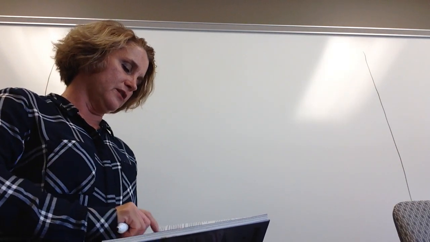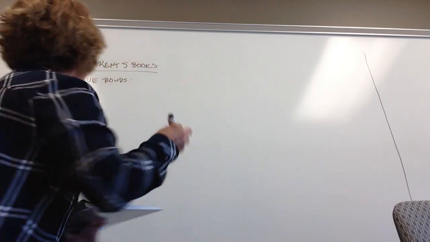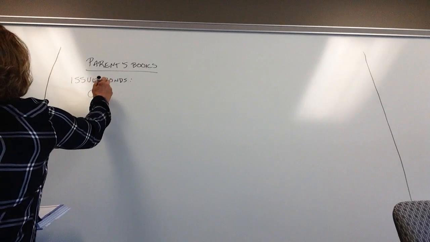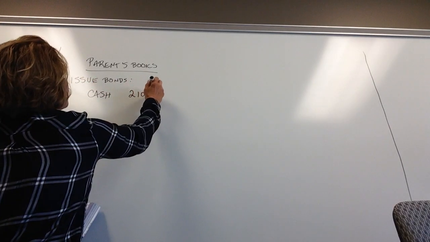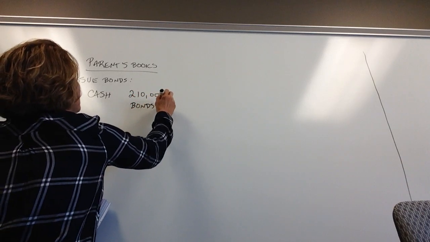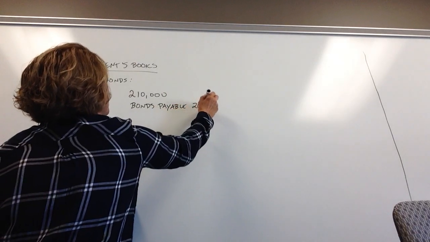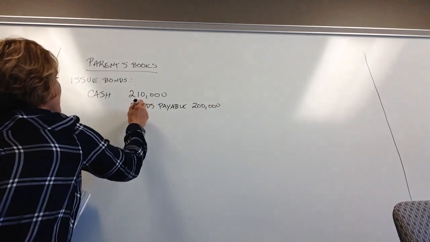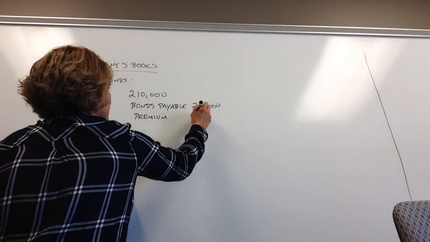So 200,000 times 1.05 tells us that they would have received cash for $210,000. They would have set up a bonds payable for $200,000, and then they would have recorded a premium for the $10,000.